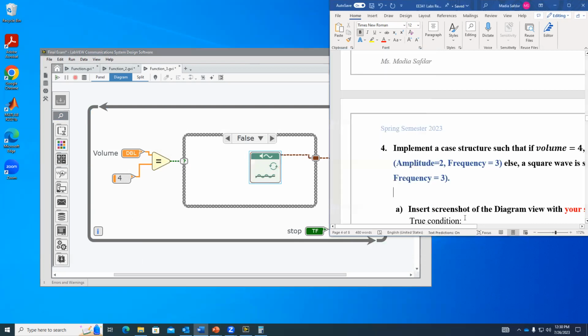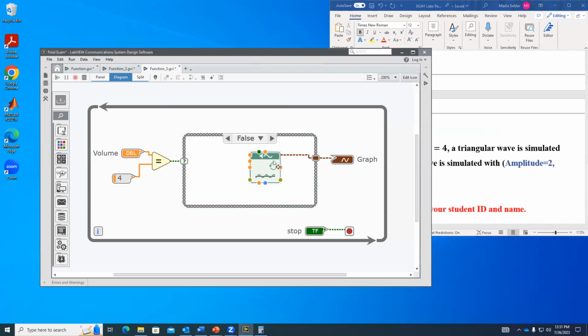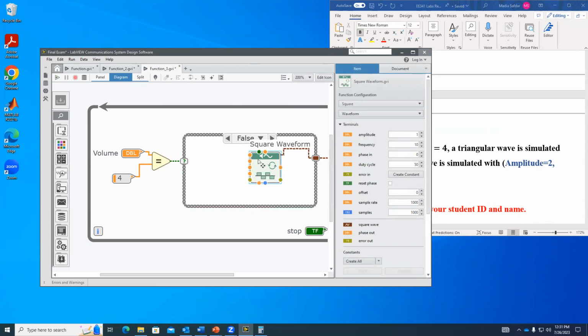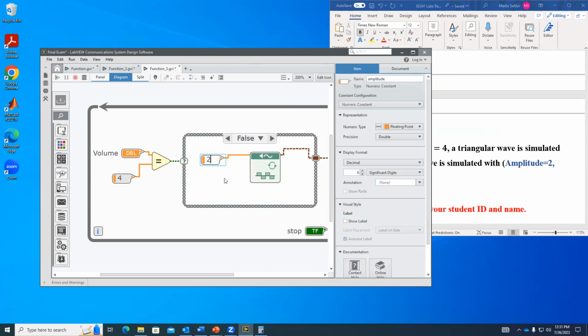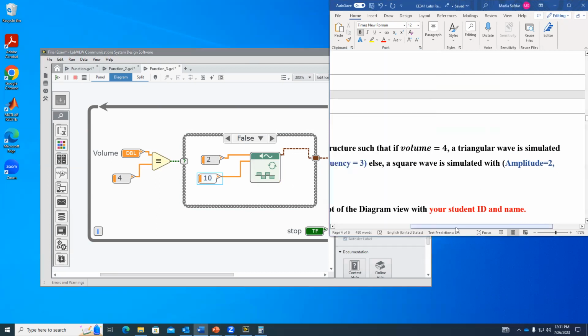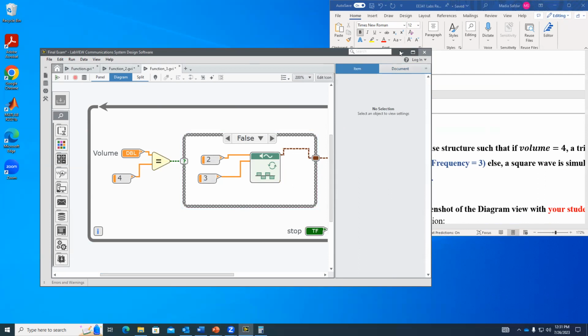Now my amplitude is 2 and this is a square wave. So choose square wave from here and choose amplitude 2. 2 is a constant number, and frequency 3. Done.